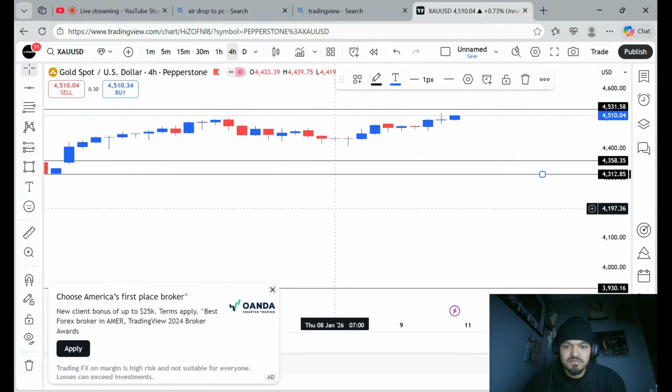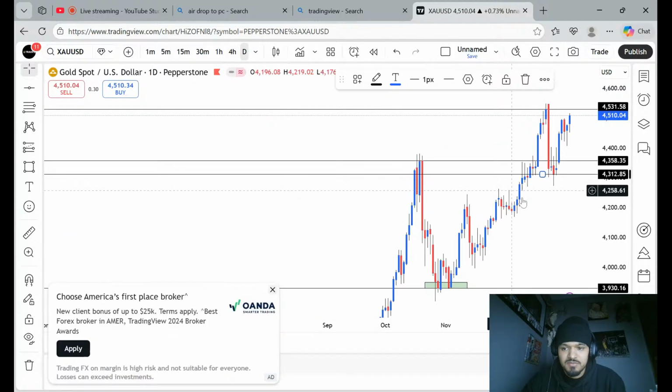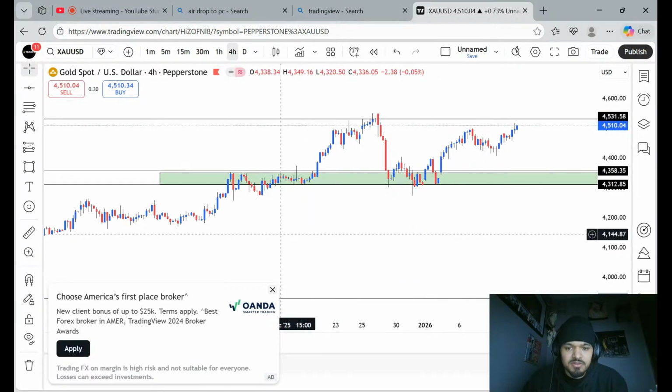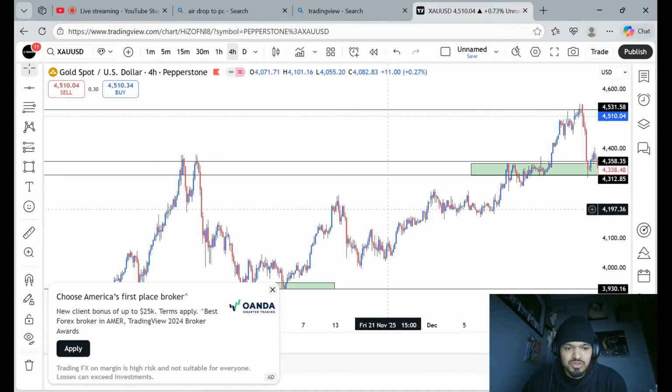Now we're going to go on the 4-hour. Remember, I'll mark up this level so we can see it. This is the 4-hour right here. Okay, so we're gonna look to the left.